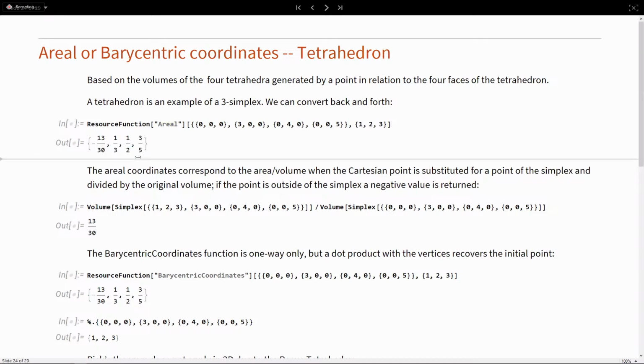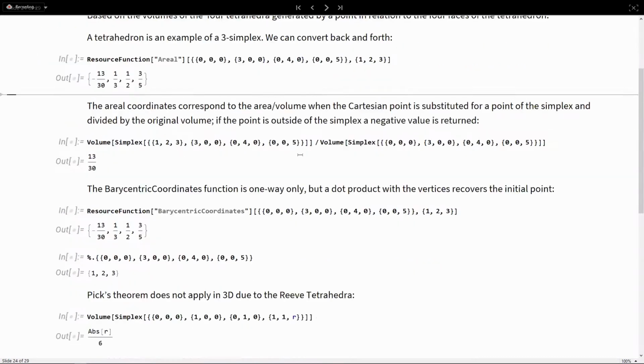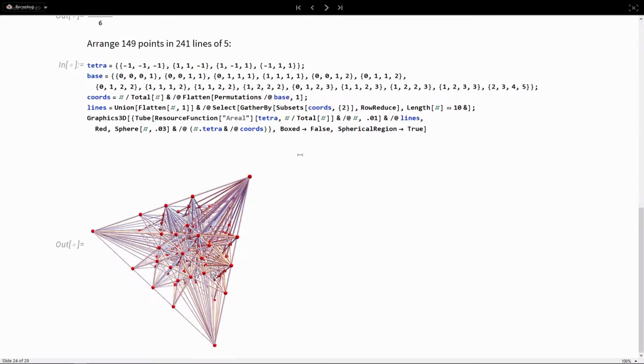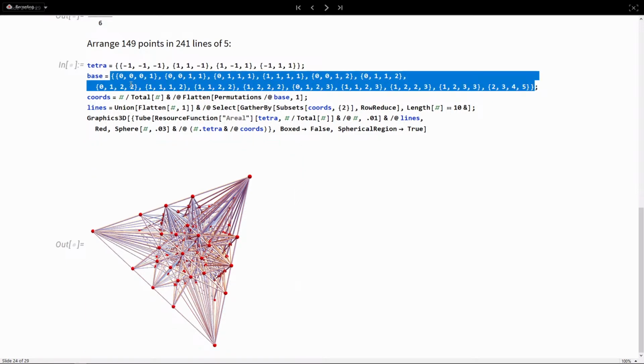These would be the volumes of the 4 tetrahedra generated by that point. And once you have areal coordinates, you can do fairly amazing things like here are generators for areal coordinates. And when you connect them up, you get 149 points and 241 lines of 5 points.